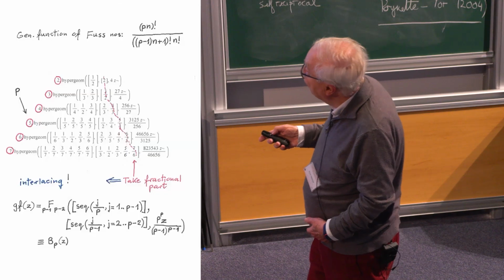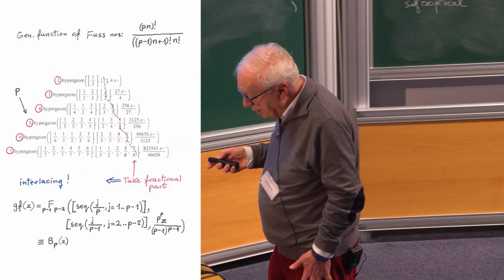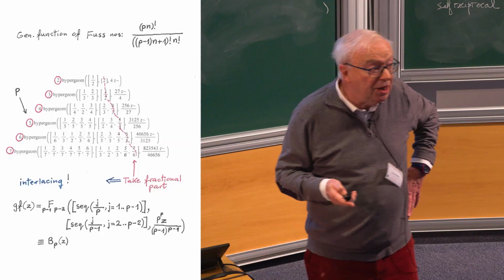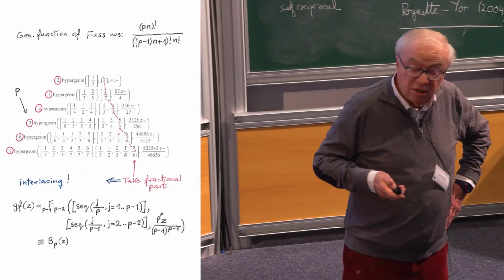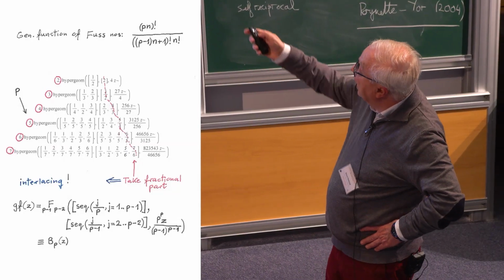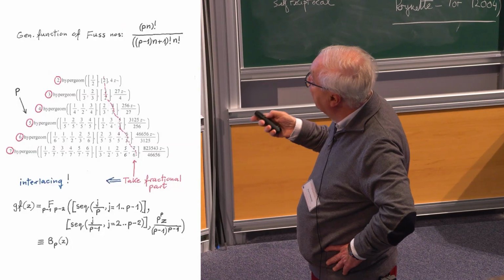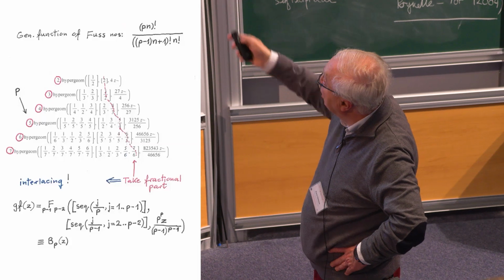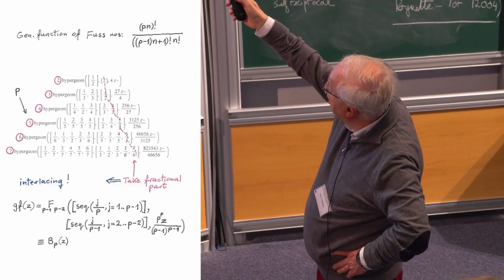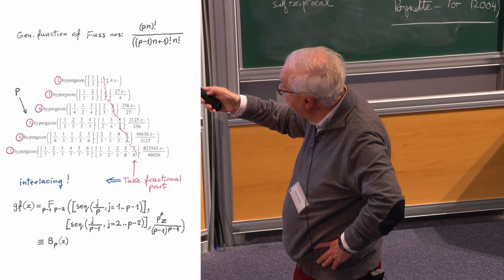And now I come back to these Fuss numbers, which appeared already in several places. And I look at them, and I calculate generating functions of all these Fuss numbers as a function of p.